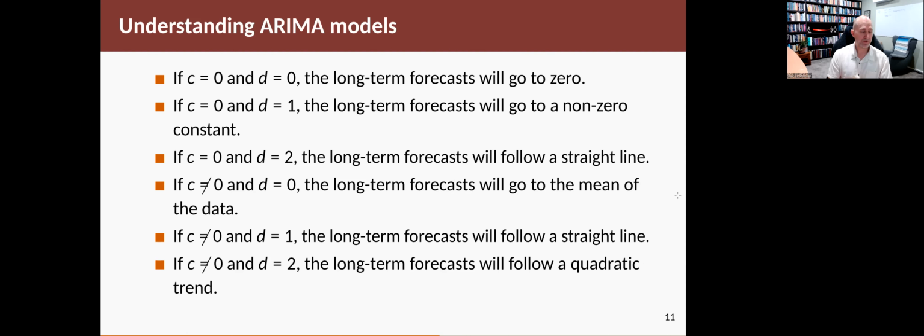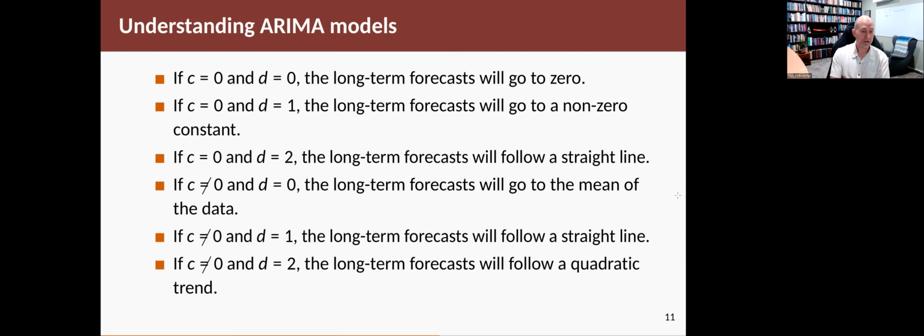If you have an intercept in the model, then the behavior is different. If you have an intercept but no differencing, then your long-term forecast will converge to the mean of the data. You're assuming it's stationary, so in the long term you're expecting the forecast to behave like what you've seen historically.